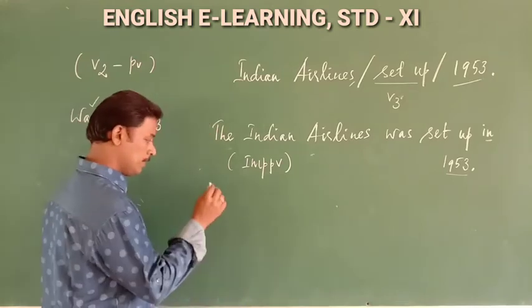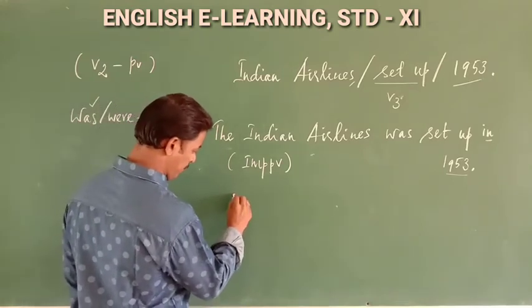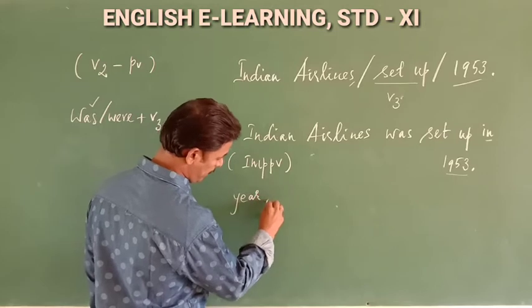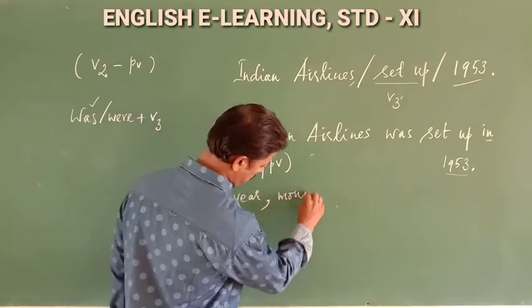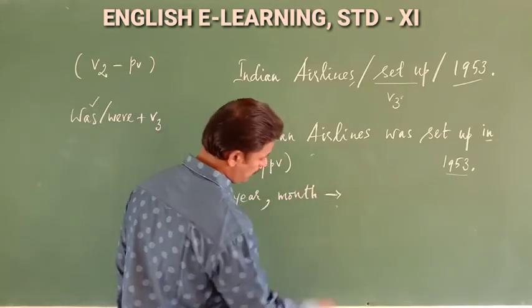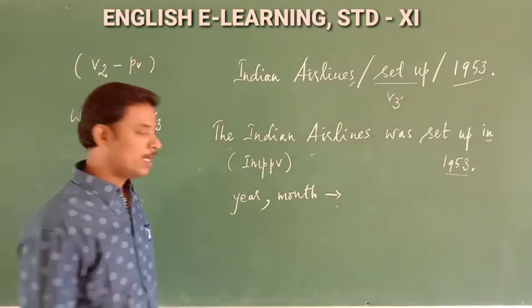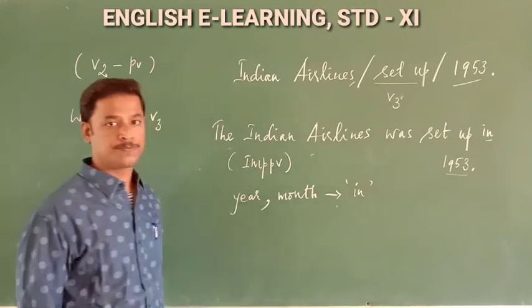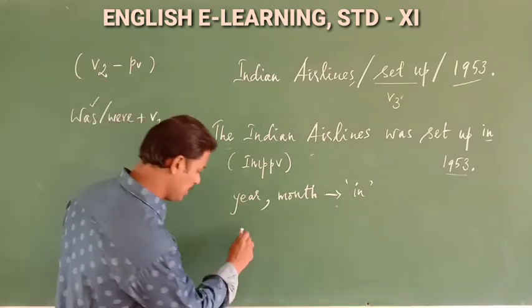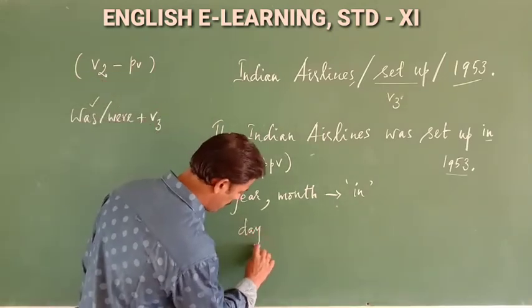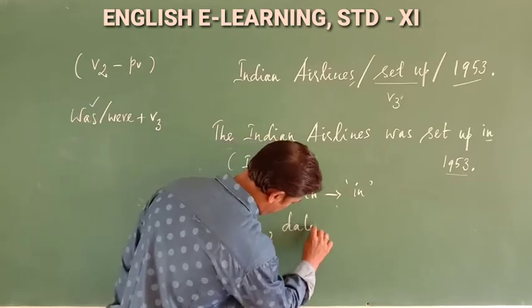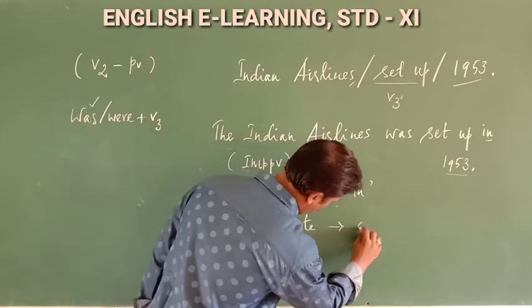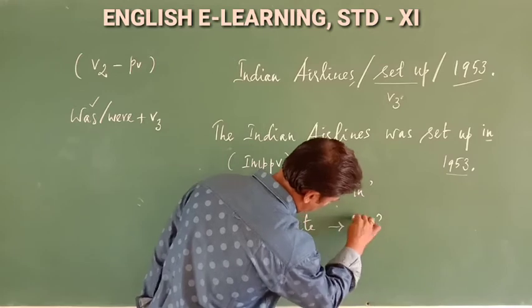And for year and month, the preposition in must be used. Whereas for day and date, the preposition on must be used.